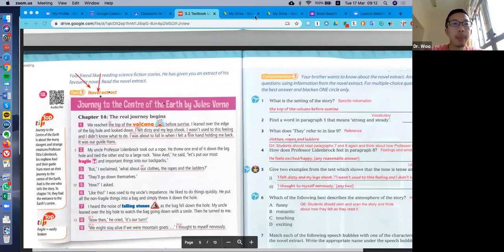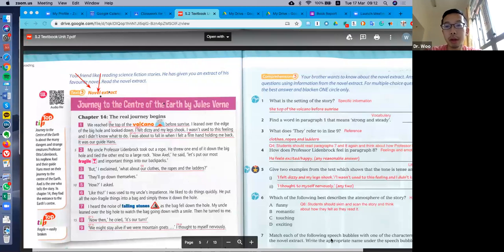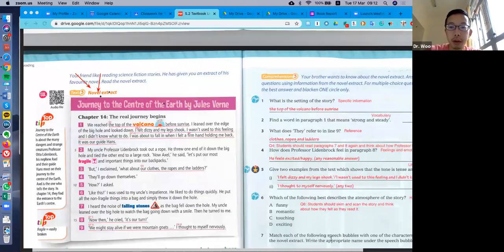And novel is a type of book. A novel is a storybook. So that's the word novel. A novel is a type of book. A novel is a storybook.